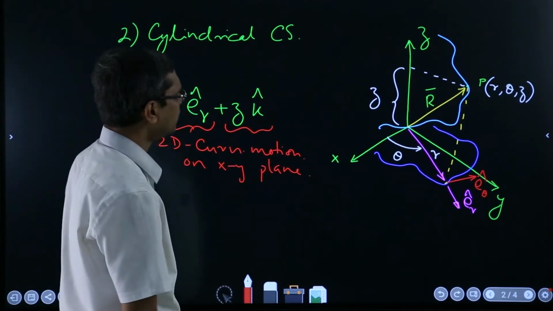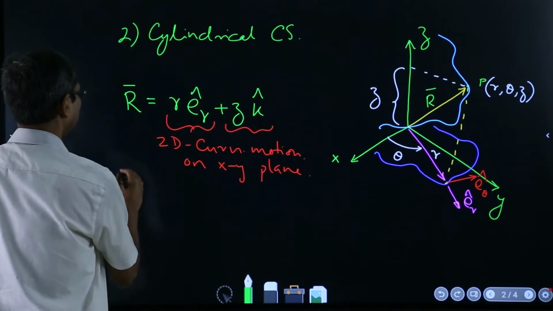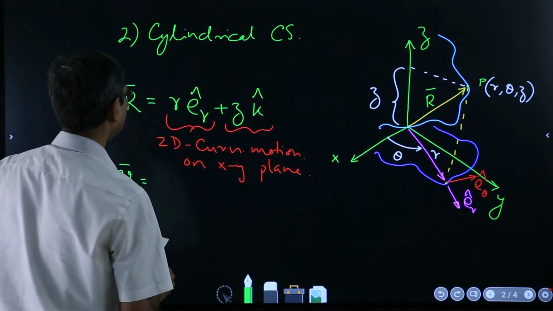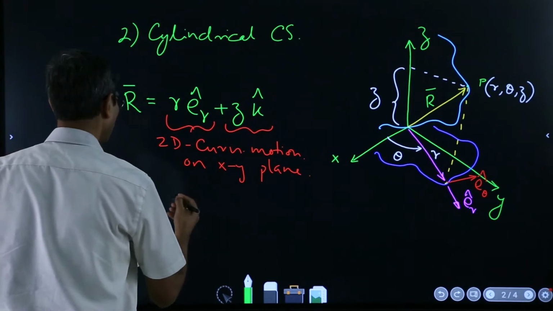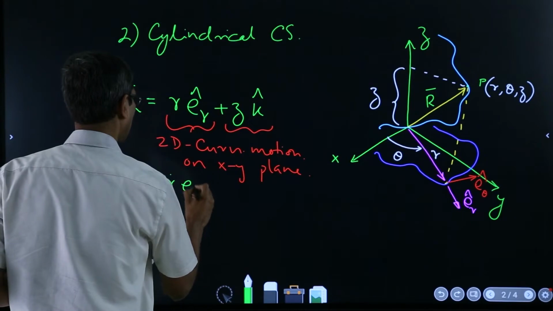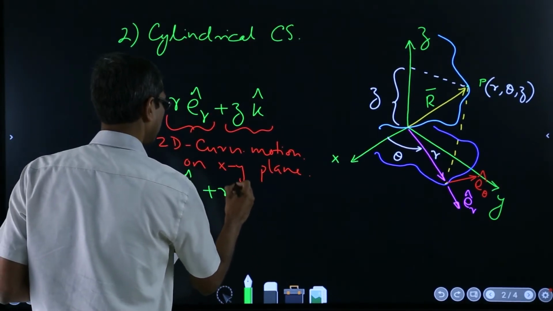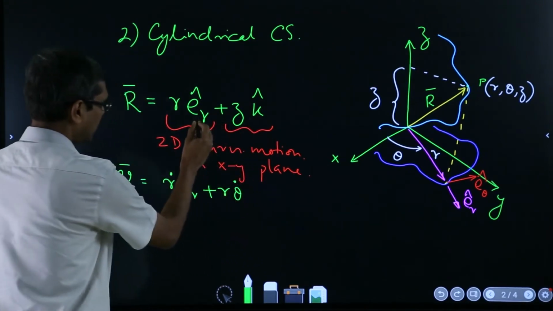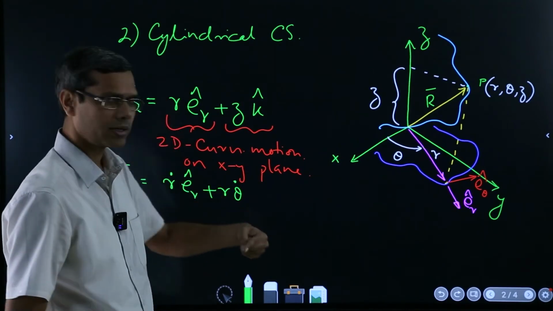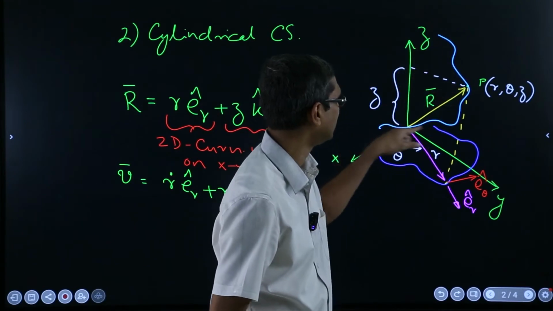And then the acceleration and velocity. Velocity will just be the differentiation of this thing, and we have done that in the polar coordinate part. I will just write it here: r dot e_r plus r theta dot e_theta. Now k is fixed in space with respect to time, but e_r is changing as soon as the particle is moving across this path, which is a 3D curve now.